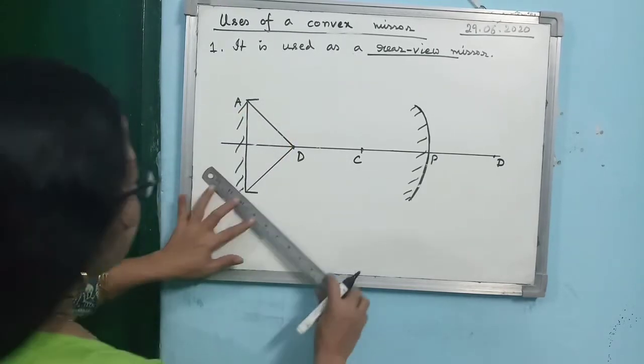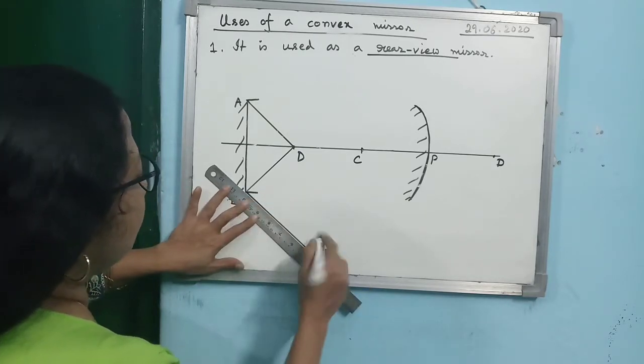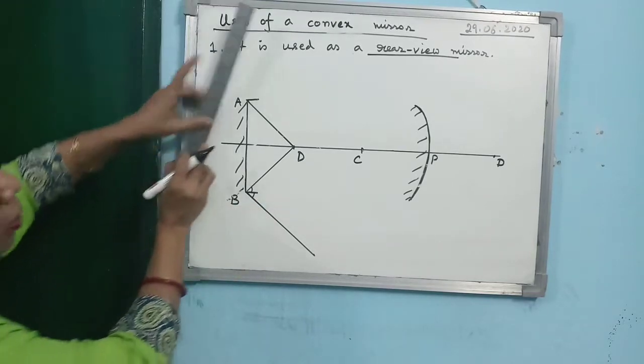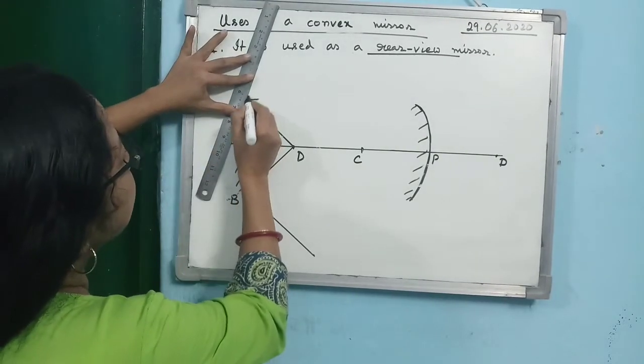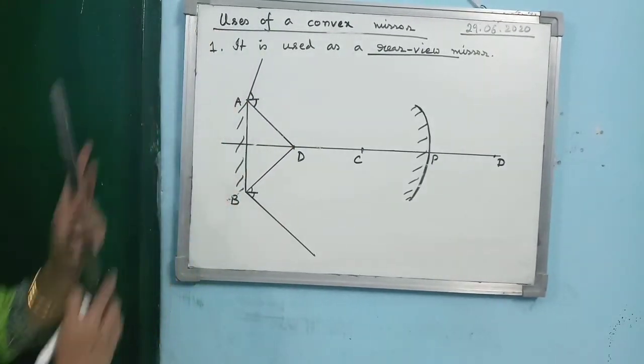Then you draw a line here so that these two angles become equal by eye approximation. This angle and this angle equal. So here also you draw a line so that this angle and this angle become equal.